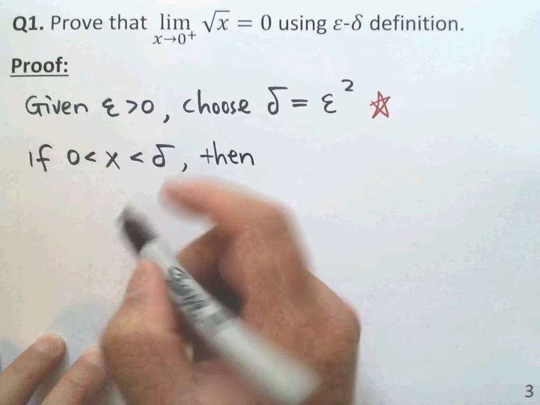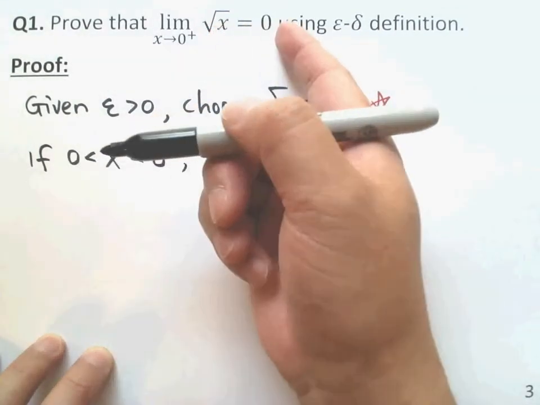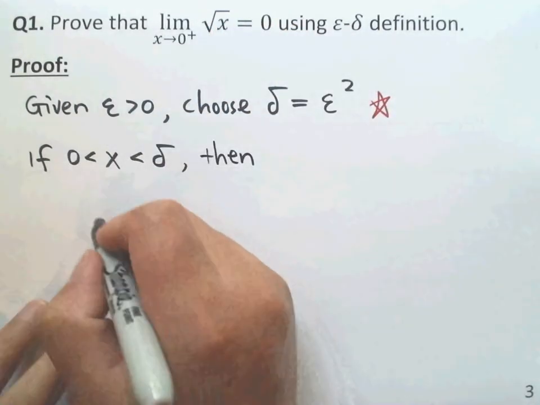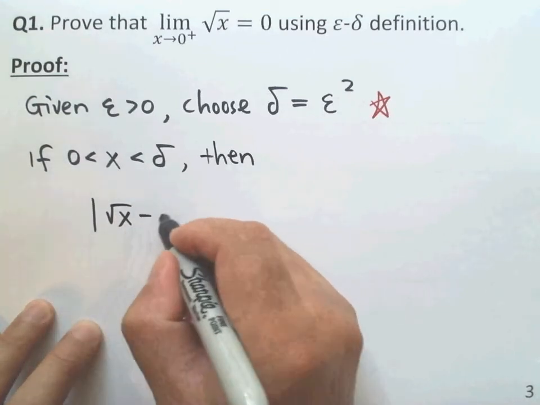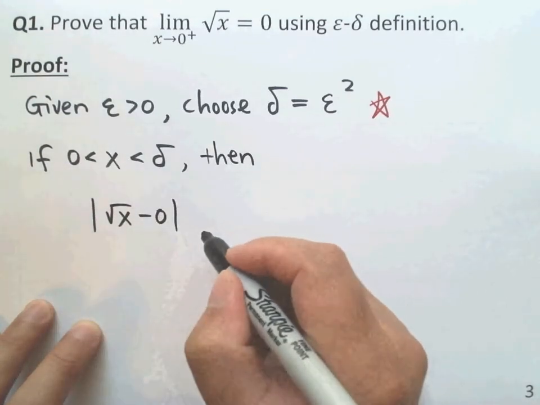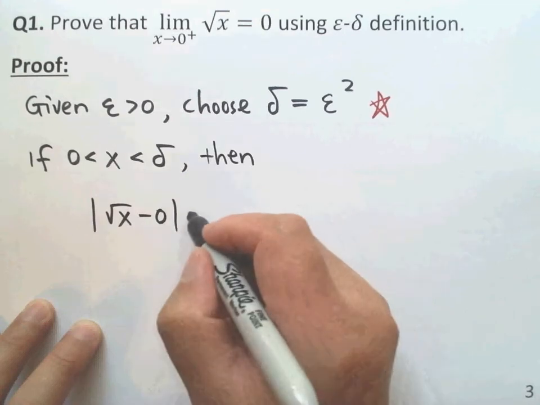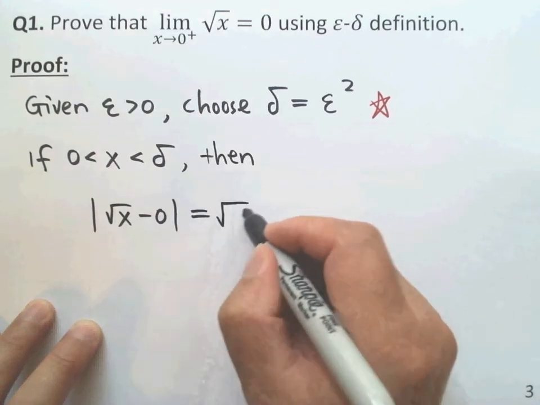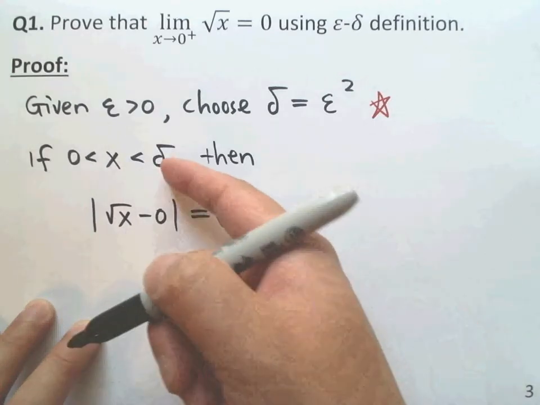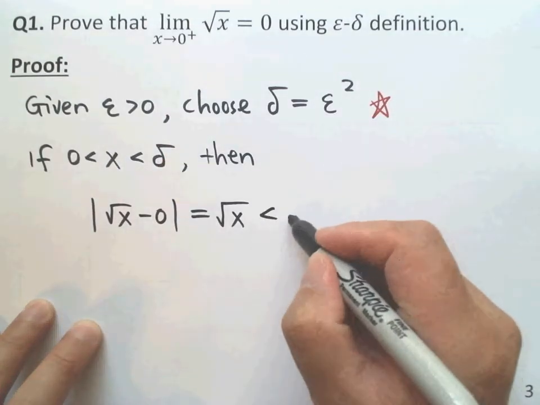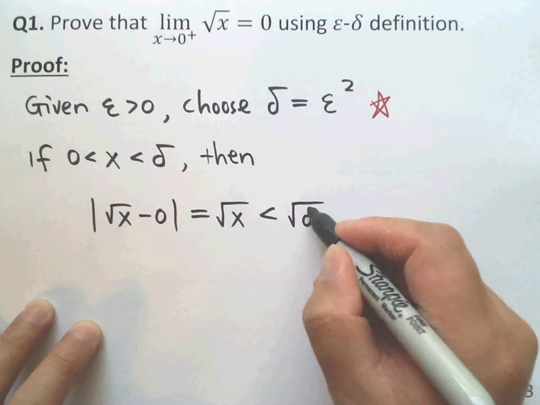And then we look at the difference of the function and this 0, which means the absolute value of square root of x minus 0. All I need to do is just copy what we wrote before. So simplify: because x is less than delta, the square root of x is less than the square root of delta.